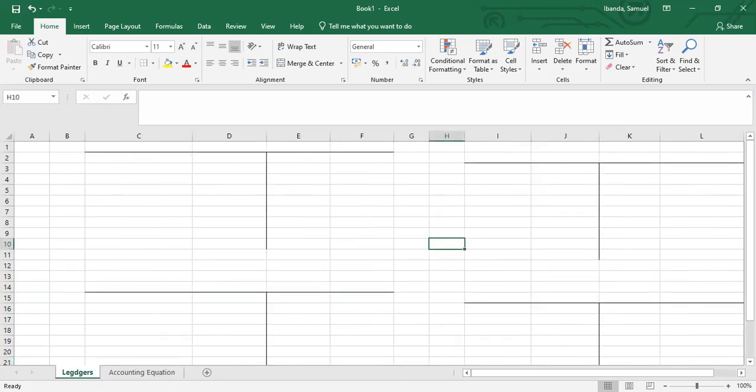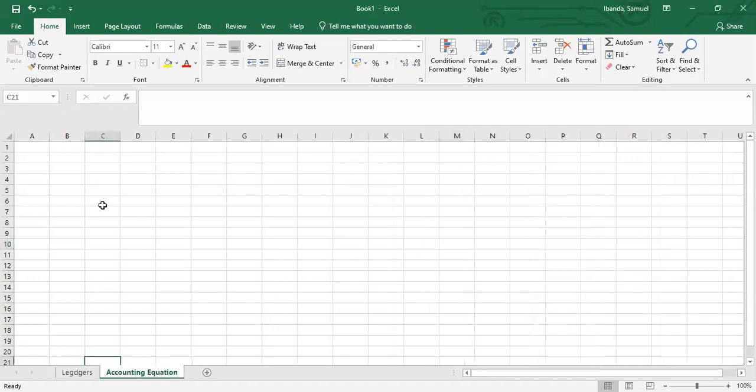Okay, so we have started the business by contributing capital of 120,000. Now, for the accounting equation, we first do assets.